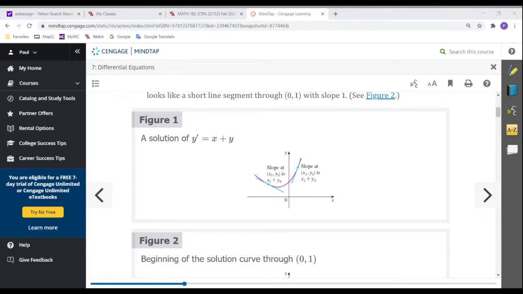Negative. It's negative. Is y1 positive or negative? Positive. Good. Now, which is bigger? Which has a bigger magnitude, the negative x value or the positive y value, if you look at that point there, x1, y1?